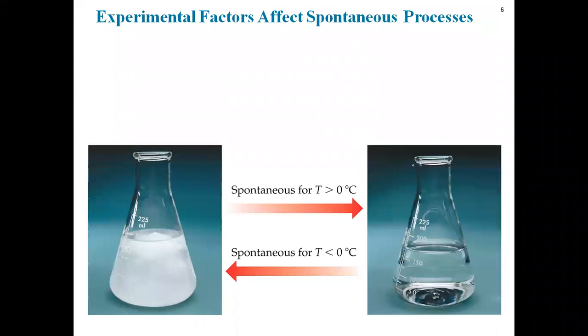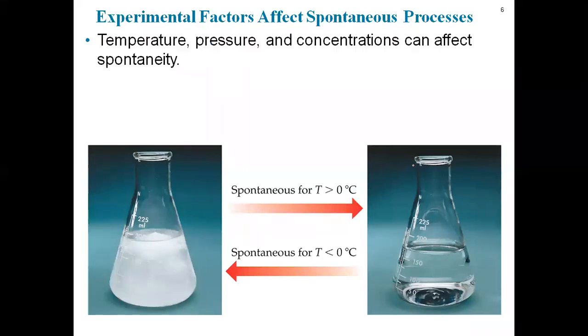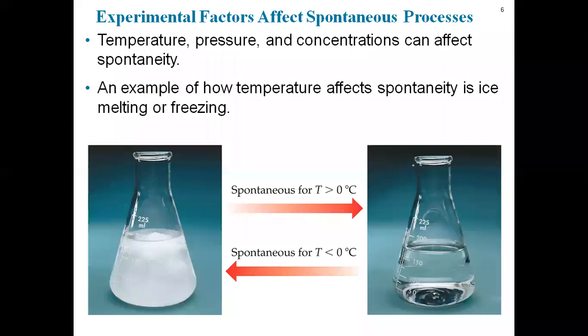Okay, so some of the common experimental factors affect spontaneous processes. There are temperature, pressure, and concentrations. Those are examples that can affect spontaneity. An example of how temperature affects spontaneity is ice melting or water freezing.